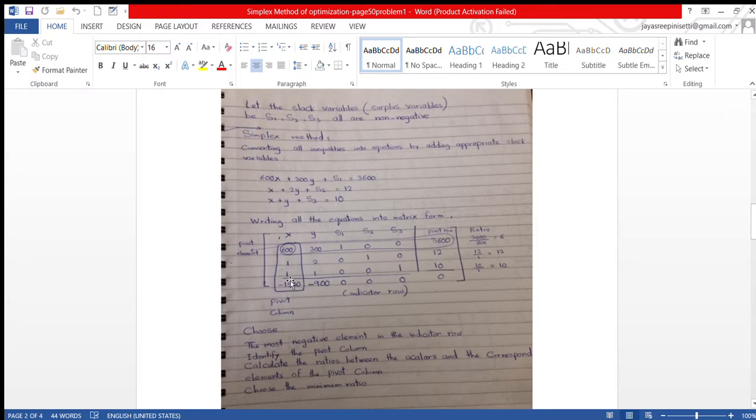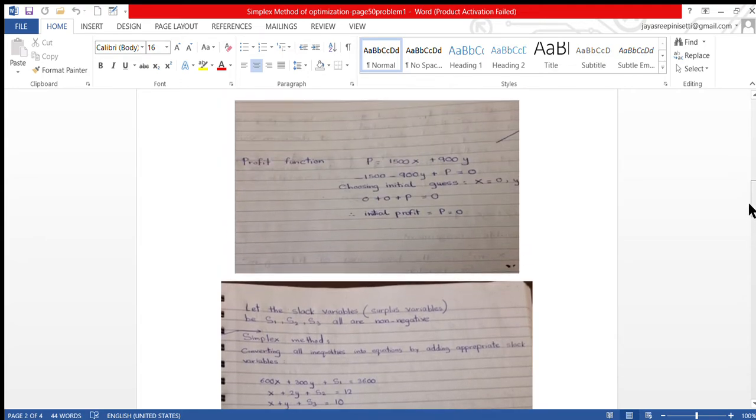Then again separate with a line horizontally, and right here, the profit function. When you bring all the variables to this side and make it equal to 0, it is minus 1500x minus 900y plus p equal to 0, right? So what is the coefficient of x?